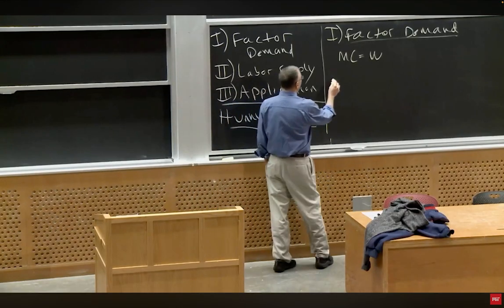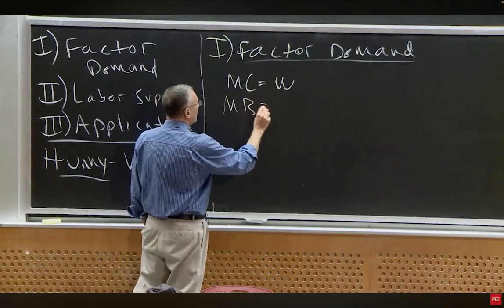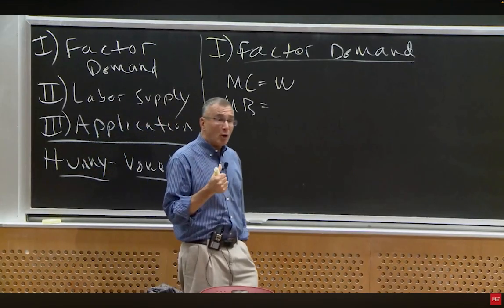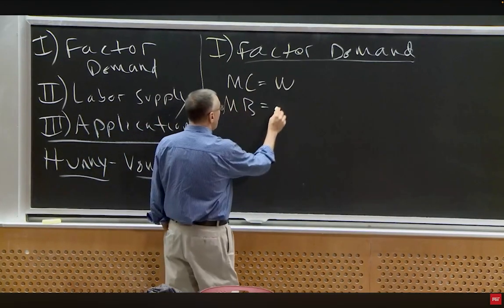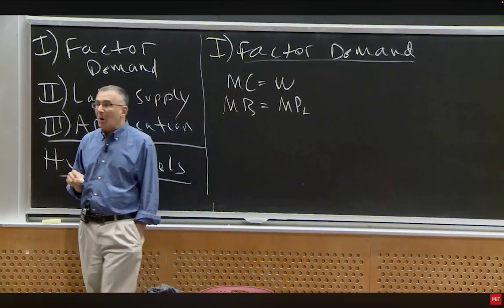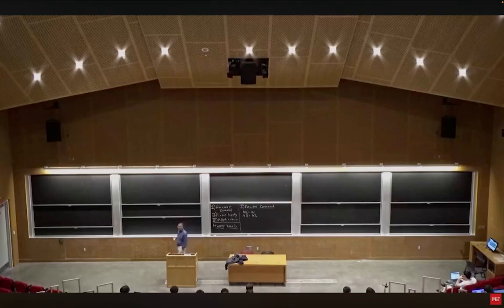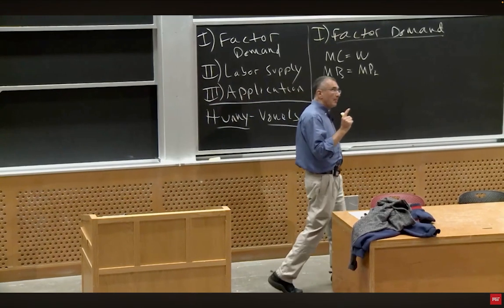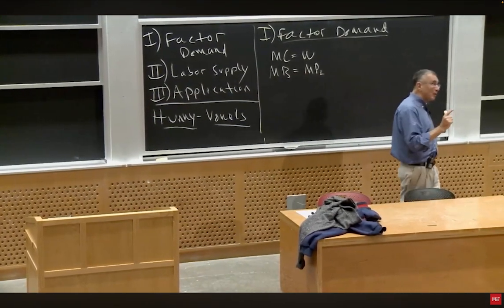What's the marginal benefit? Well, the marginal benefit has 2 components. First of all, the marginal benefit depends on the marginal product of labor. If you hire 1 more unit of labor, how many more goods will you produce? Okay? So the cost is the wage, and the benefit is the marginal product of labor. We can't stop there, because firms don't care about units of goods.